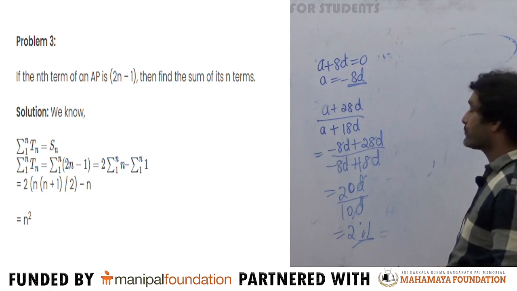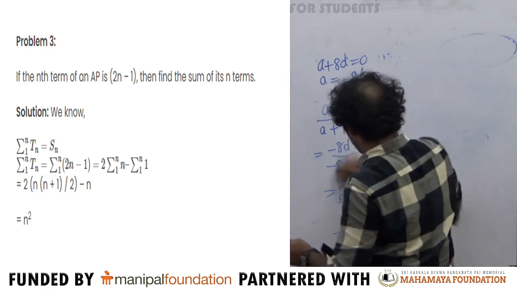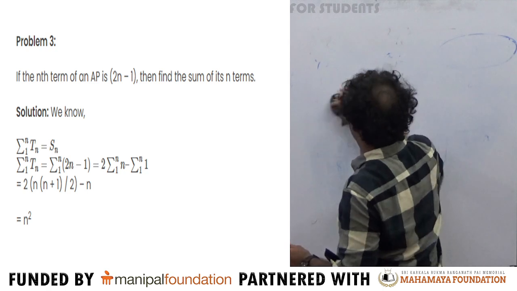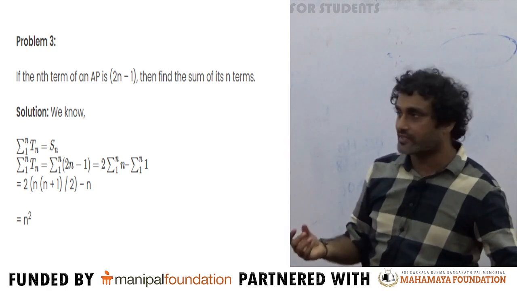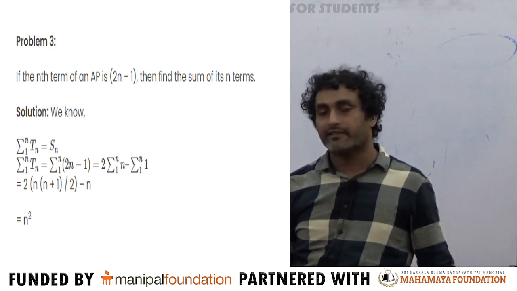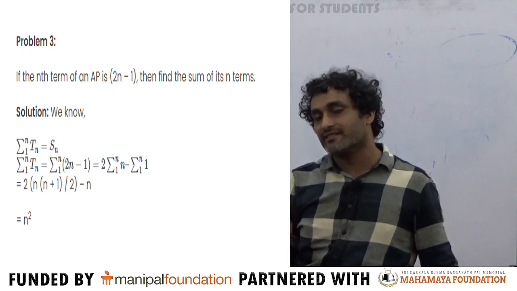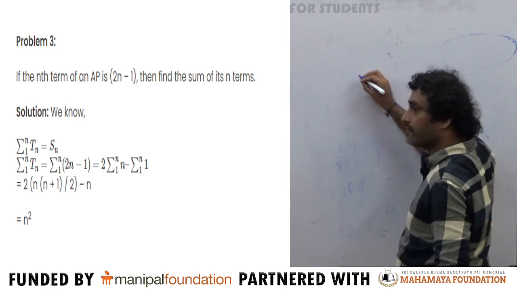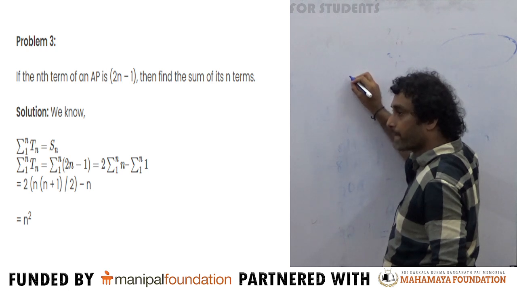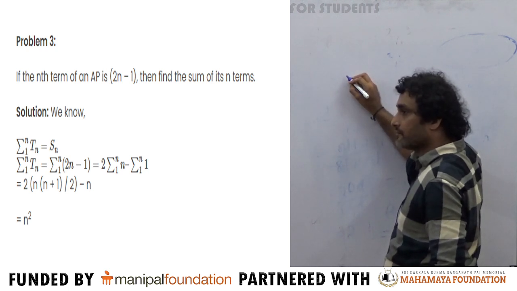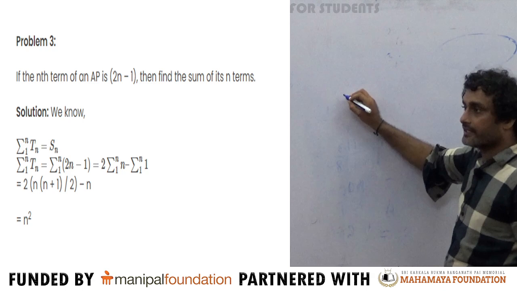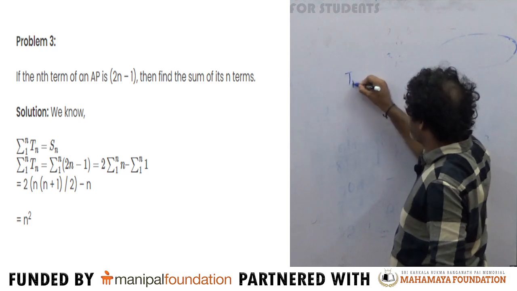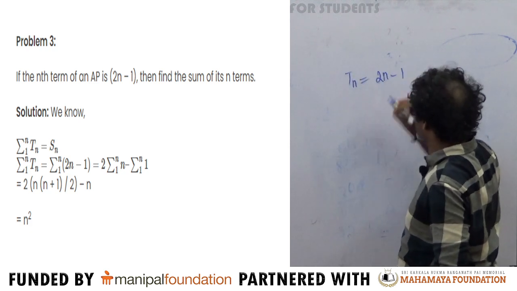So see the third problem. Whenever you have a multiple, like 3 into some n square, or whatever, we are not bothered about that. We'll just keep it aside. Suppose the nth term of an AP is Tn equals 2n minus 1.